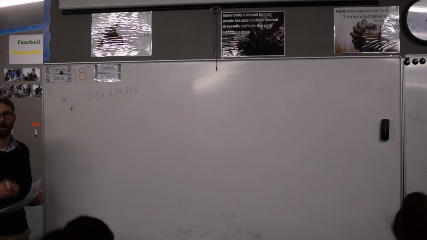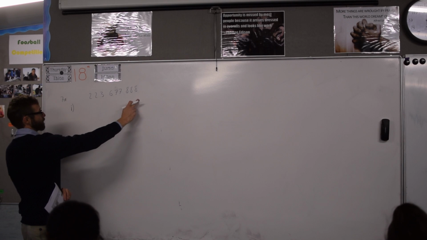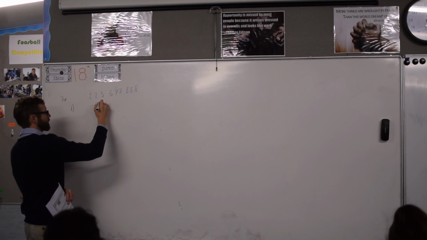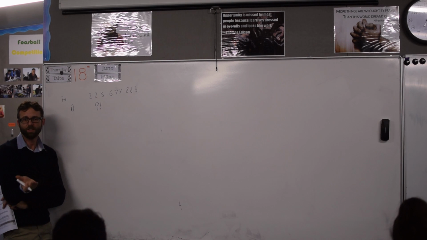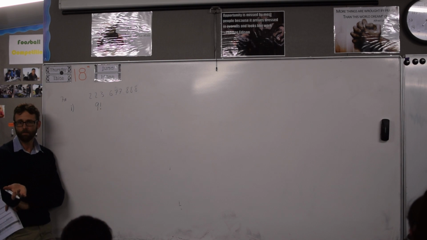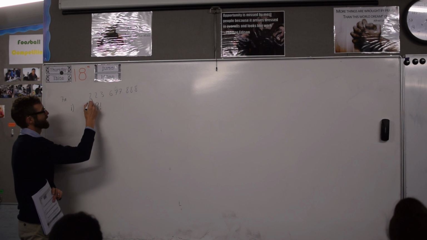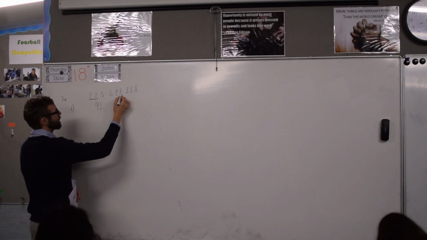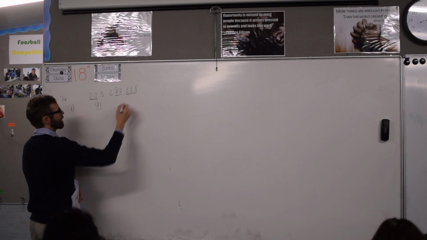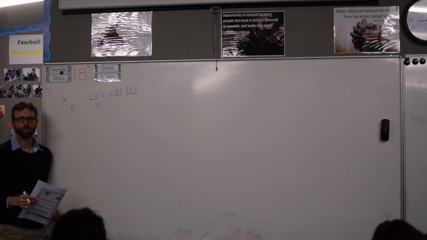Okay, so how many digits have we got? 9. So if they were all different, we'd say it's 9 factorial, correct? But we've got some double ups. So what are we going to do?